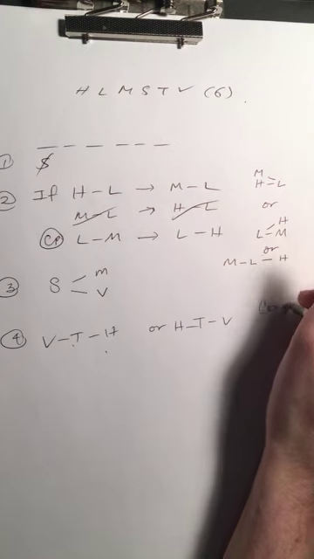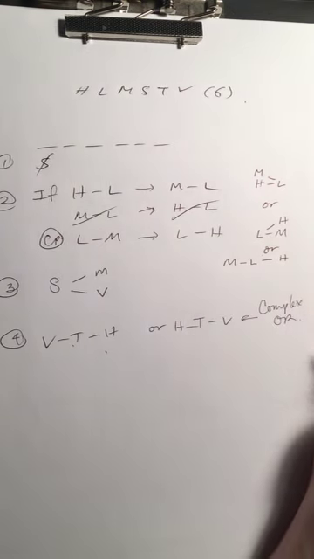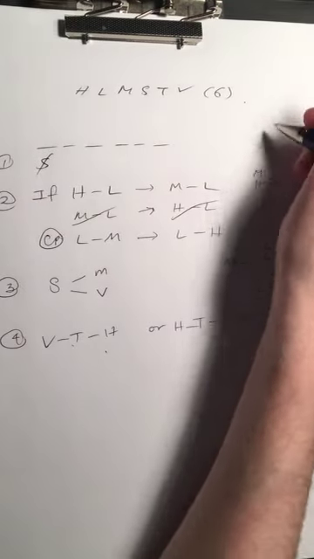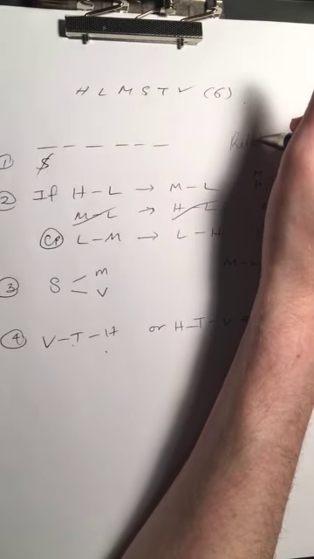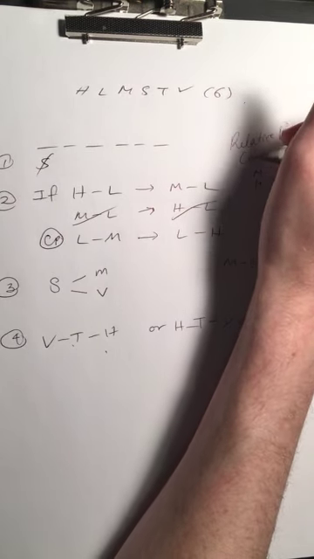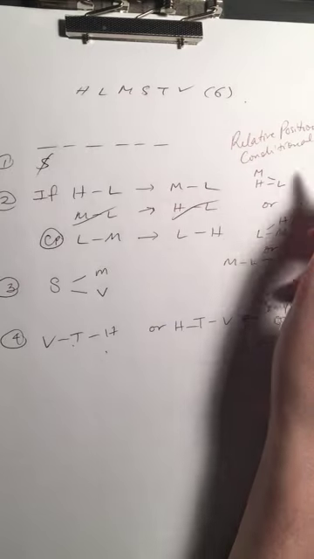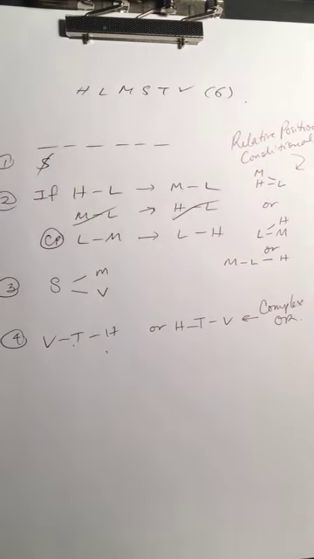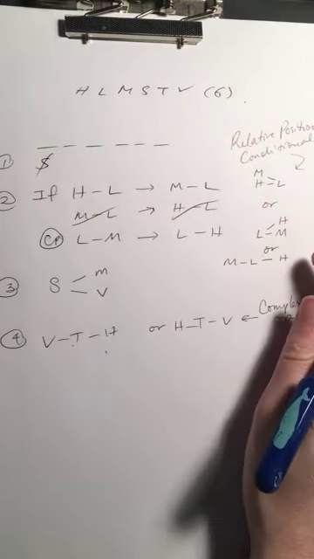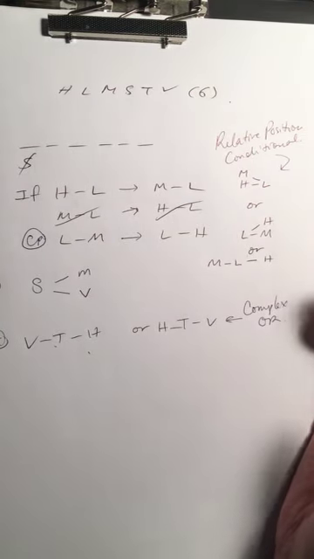Okay. So that's the typical one, and then this one is more relative position conditional, and so it's actually more complex than a complex OR rule because we actually have three options. That makes sense. All right, so those are the rules.